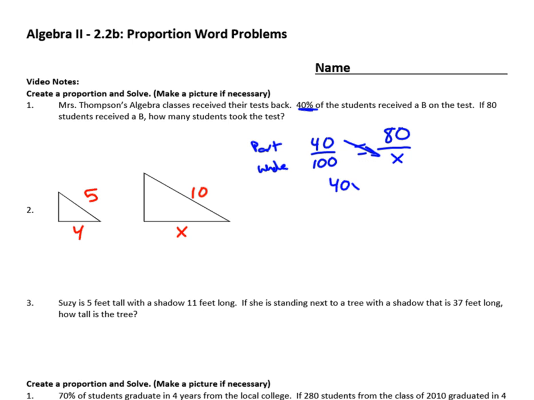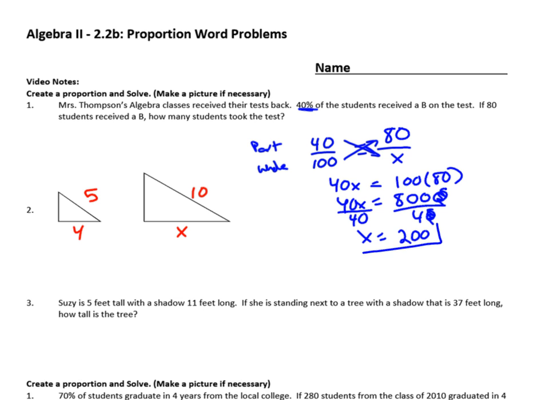So I've got 40 times x and 100 times 80. So this is 40x is equal to 8,000, because 80 times 100 is 8,000, divided by 40. Then a 0 is going to cancel out with a 0, and I get 800 divided by 4, which is 200.